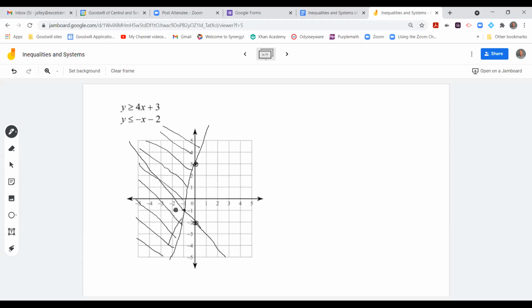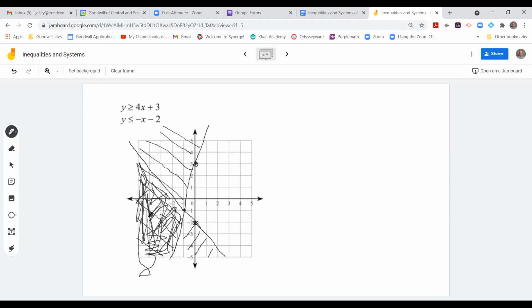And now the only areas that I care about, this is the shaded area. Now, this area over here is still shaded from the second one. This area up here is still shaded from the first one, but they don't overlap. So they're not part of the solution for the system, because that's all I care about.